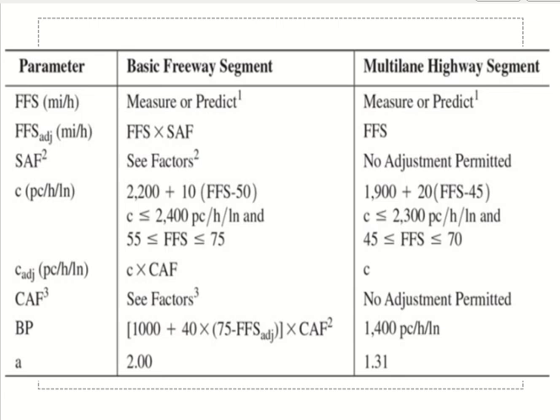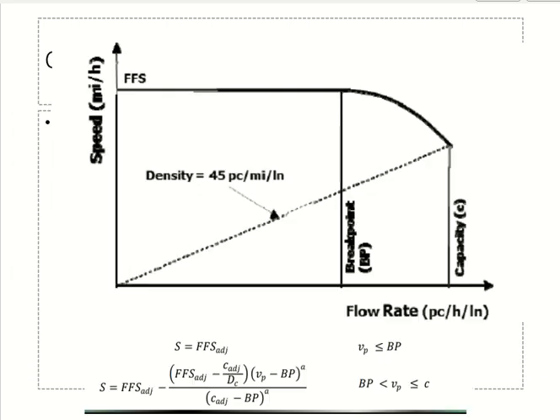Whenever you calculate capacity, you check it with the range. So you are in the range, so we can take this value. Now give me the speed for up condition. So you use this VP. Nothing else changes.